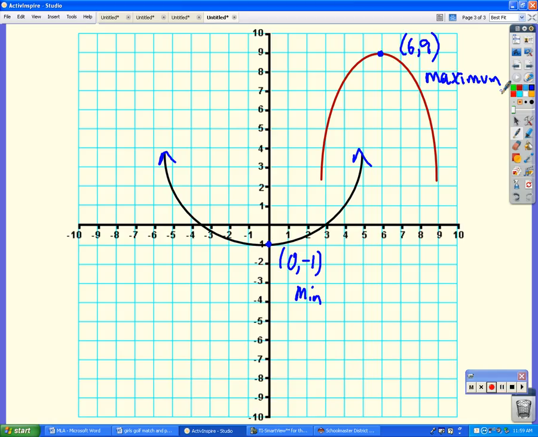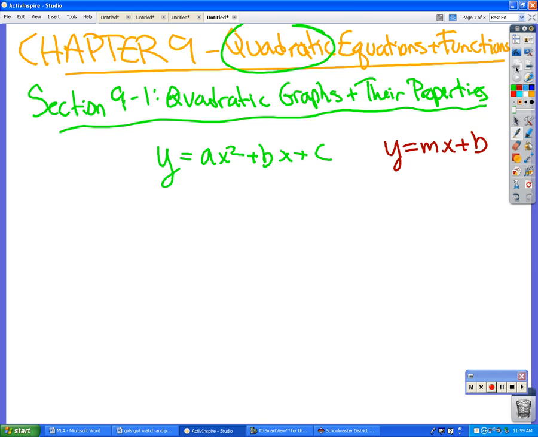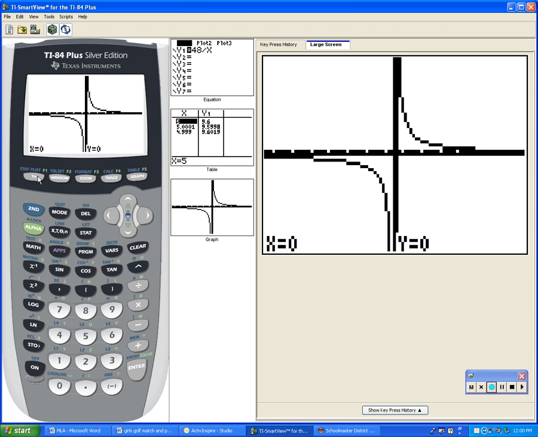Okay, let's take this general thing right here, and there's 3 pieces to it, right? There's the ax squared, the bx, and the c. Let's just focus on some easy ones first, where it's just y equals ax squared, and see what those are going to look like, all right?